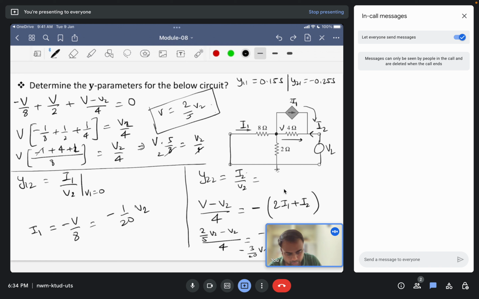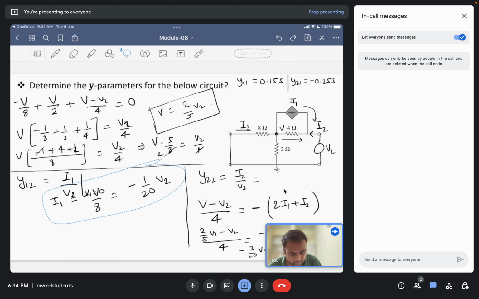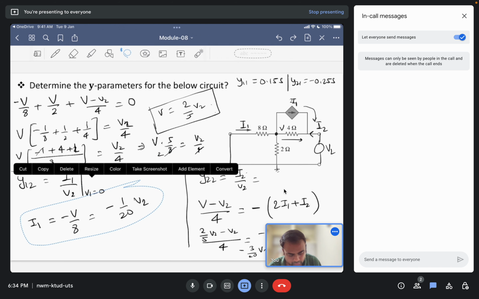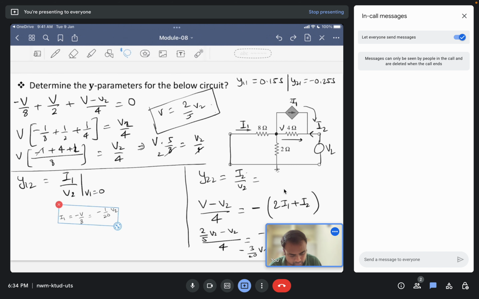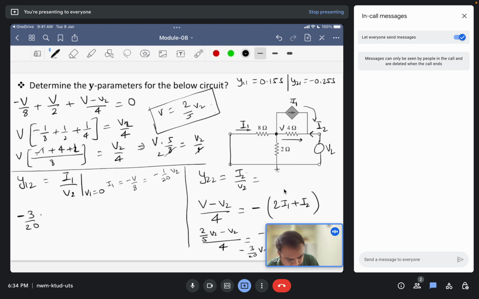So just substituting this value of I1 to finally arrive at our relation. So minus 3 by 20 V2 is equal to minus 2 times minus 1 by 20 V2 plus I2. So minus gone and 10.